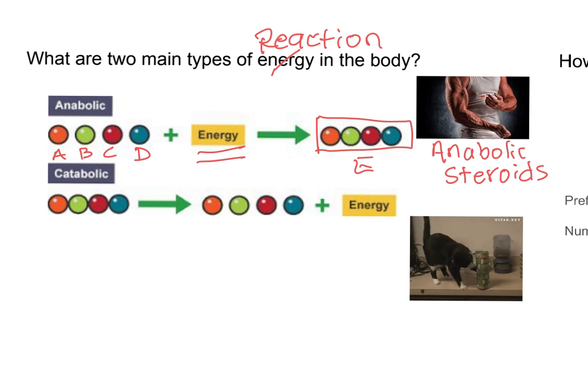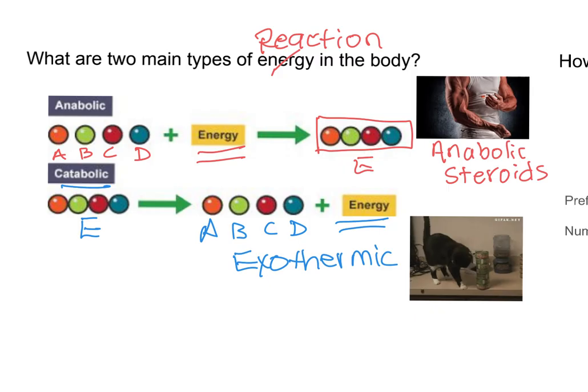On the other hand, you can also have a catabolic reaction. In this one, we're breaking a larger molecule down. Here's our big molecule E, and we break it down into A, B, C, and D. It also releases energy, so this is exothermic. I think of this as a cat knocking something off a counter, and it breaks into little pieces.